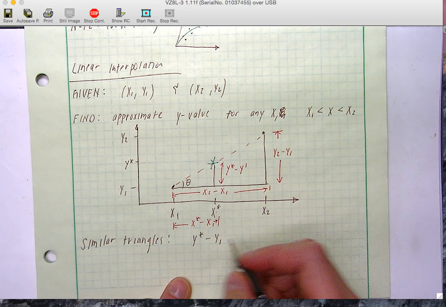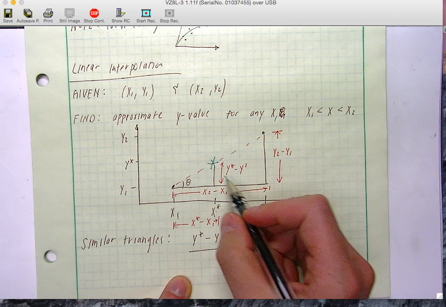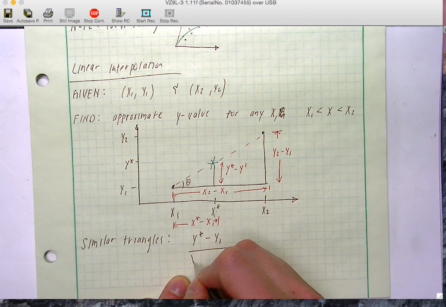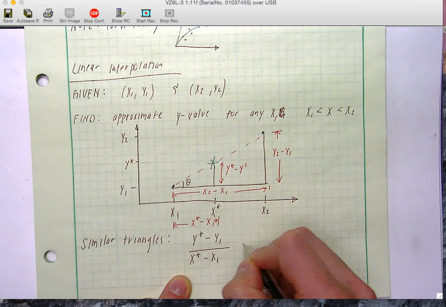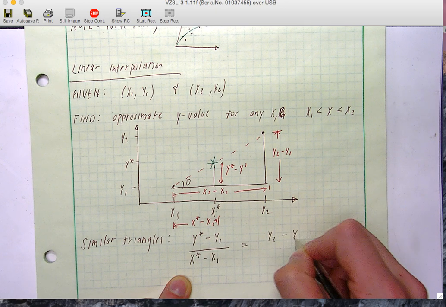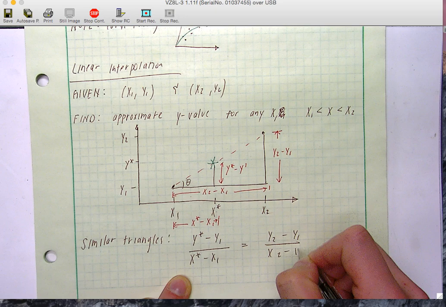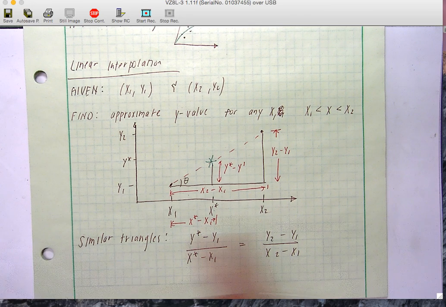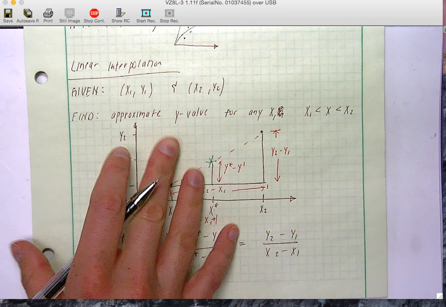So if we do that, we're going to get opposite over adjacent for the smaller triangle equals opposite over adjacent of the bigger triangle. And here you see you have a relationship with the 5 knowns with the 1 unknown. So you can just solve for the unknown, and that's what linear interpolation gives you.